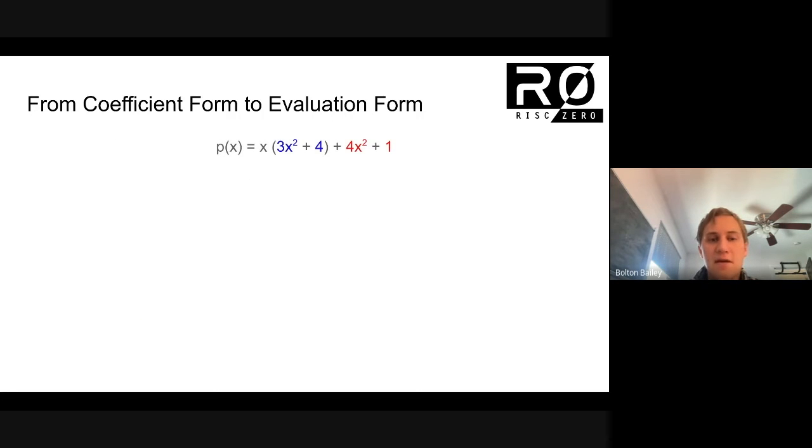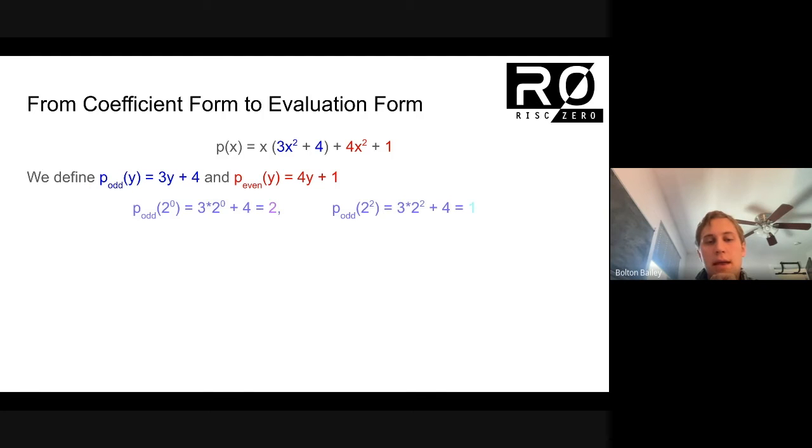So we have p of x. We'll just write that down here. We have our definitions for p odd and p even. And let's say that we have our evaluations for p odd on 2 to the 0 and 2 squared, rather than on all the individual values. If we do the math, we get the values 2 for p odd on 2 to the 0 and 1 for p odd on 2 squared.